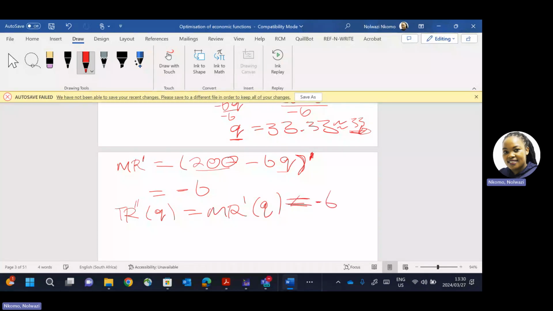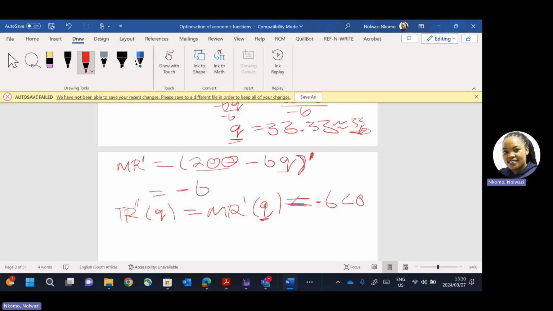And we know that minus 6 is less than 0, so we can conclude from here that when Q is equal to 33, we have a maximum turning point, right? So this means that to maximize the total revenue, we should produce and sell 33 units.